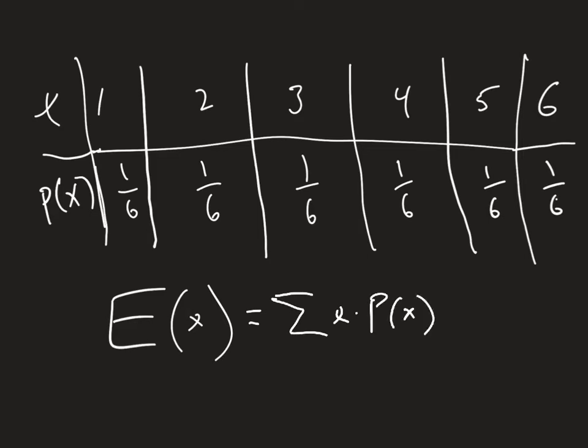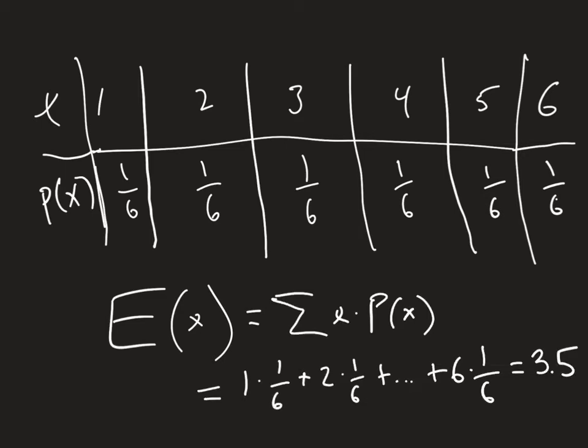In other words, it equals the sum of all of our outcomes times their respective probabilities. In our case, that's 1 times 1/6 plus 2 times 1/6, because for rolling a 1 we have a 1/6 probability, for rolling a 2 we have a 1/6 probability, and so on, plus 6 times 1/6. And if we add these all together, we get 3.5.